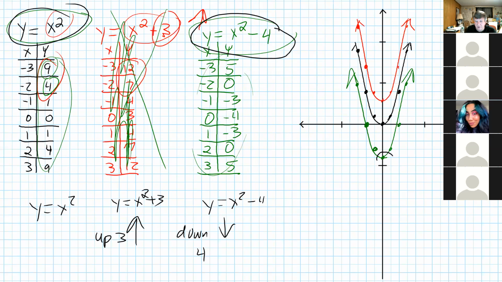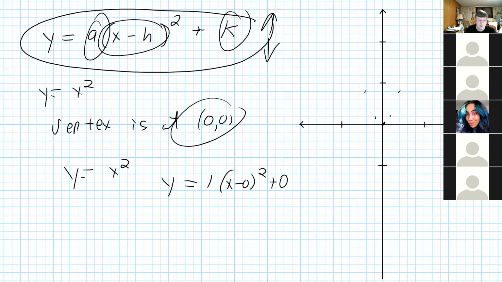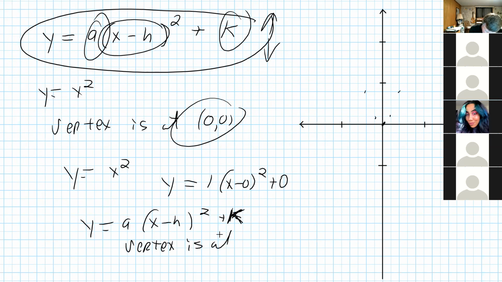The vertex is at 0, -4. I know I'm going quickly on this. What I'm trying to get you to see is that when you've got something in the form y equals that, the vertex is at h, k.